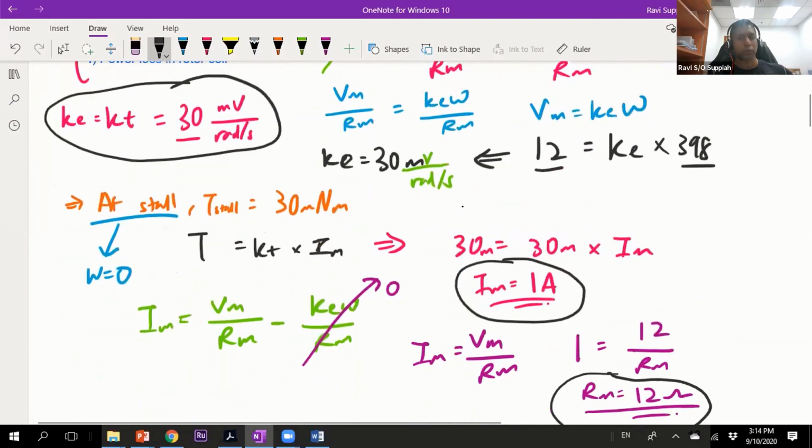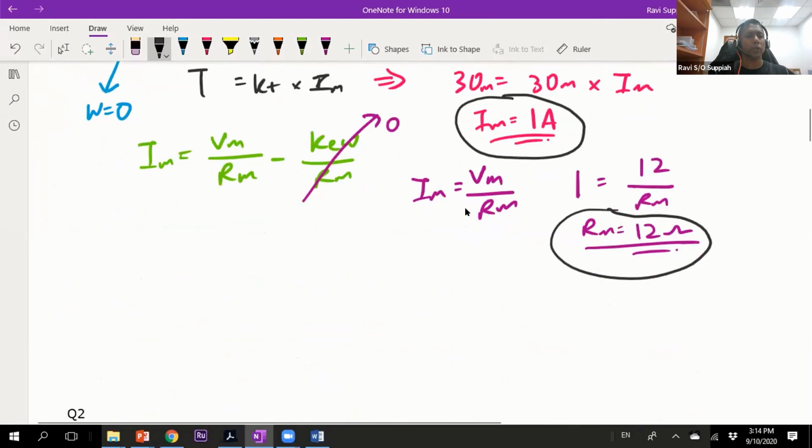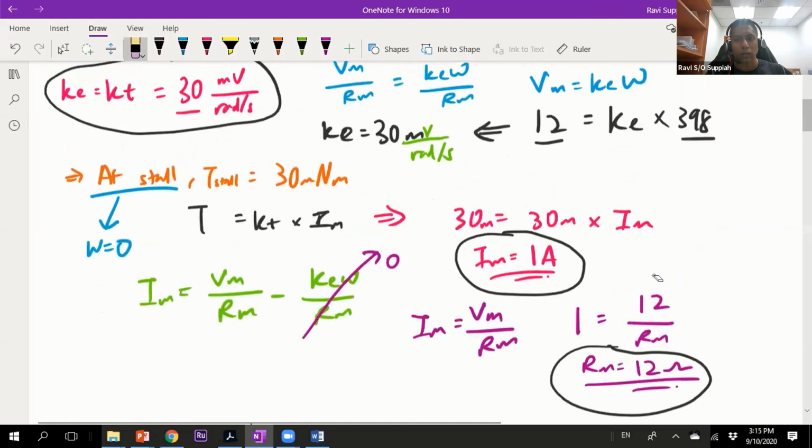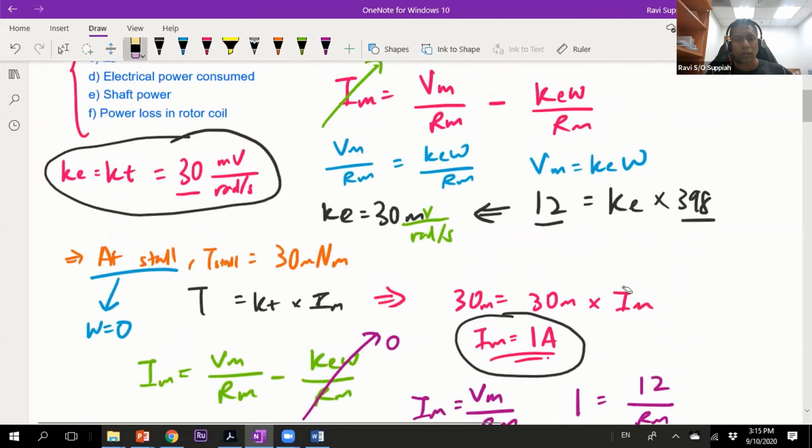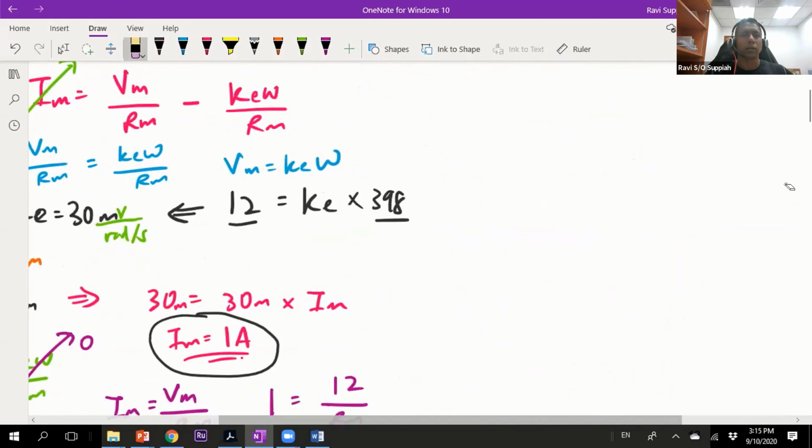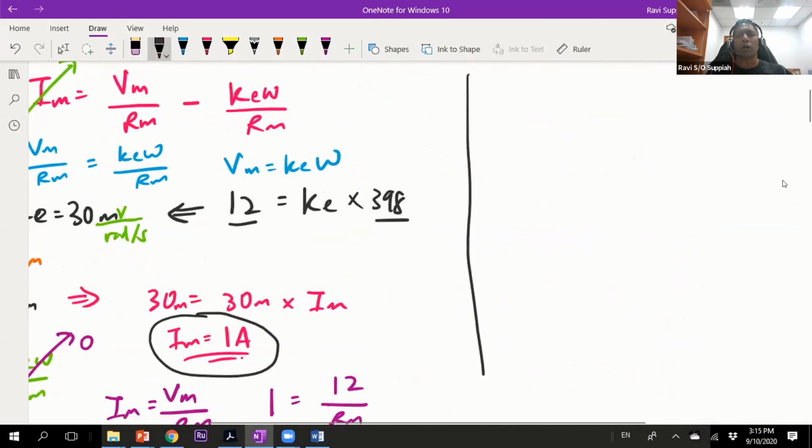So let's look at the first one. Now we are operating at 2500 RPM. So right now I'm going to operate at 2500 RPM.